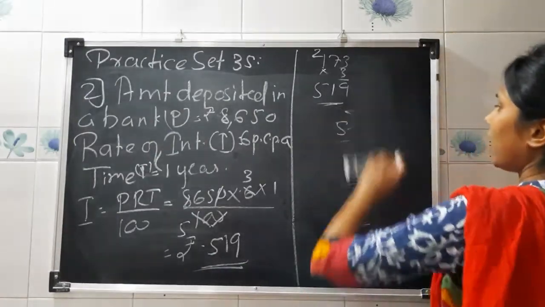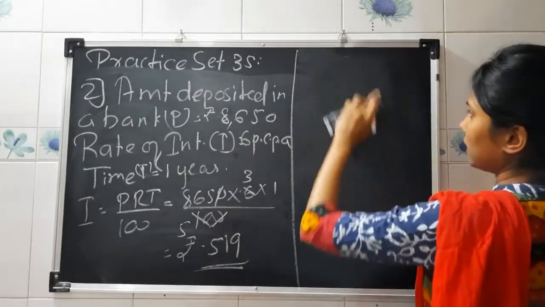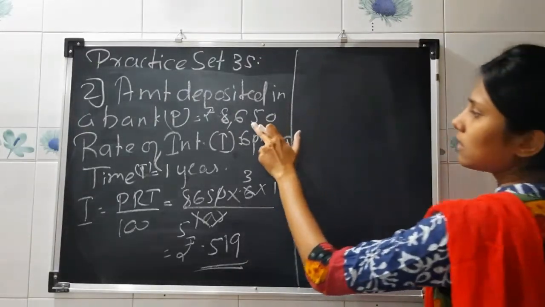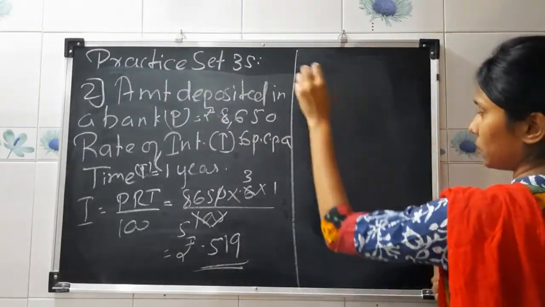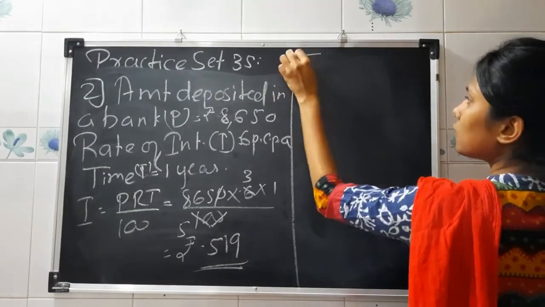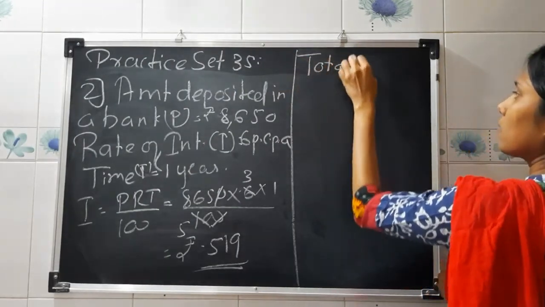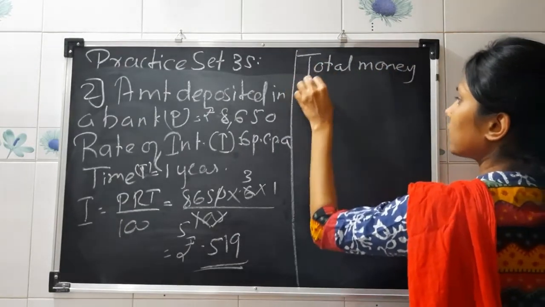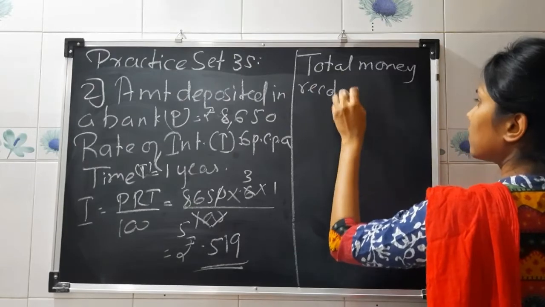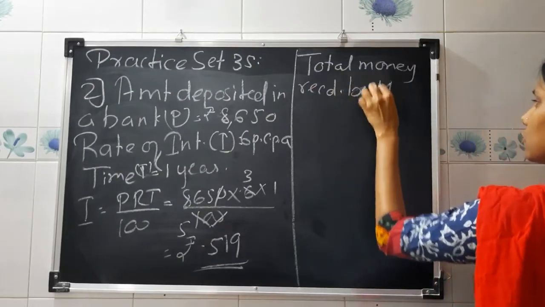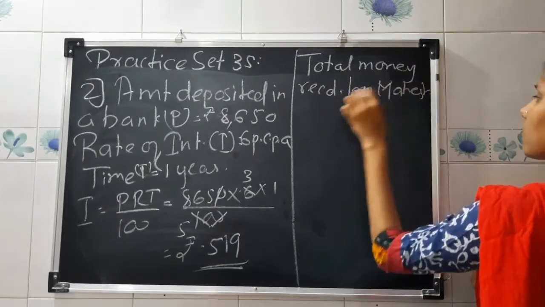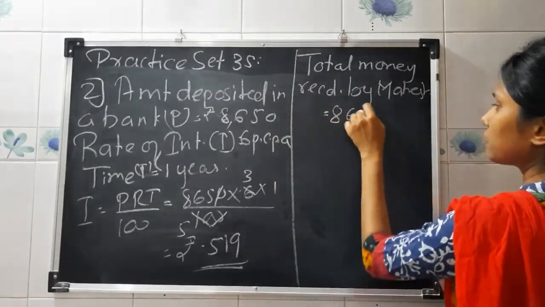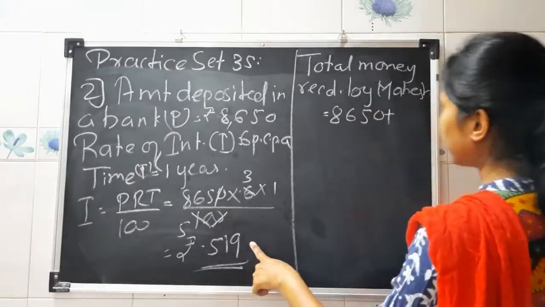Now we have to find out the total money which he will receive at the end of the year after depositing 8,650 rupees. So total money received by Mahesh is the money which he deposited, 8650, plus interest.